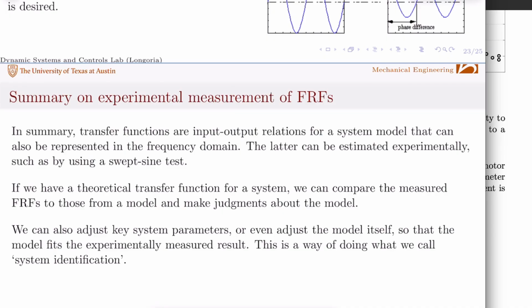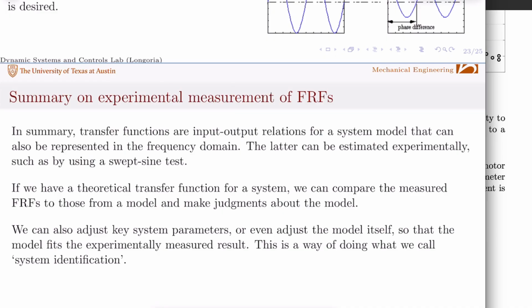If we have a theoretical transfer function, then we can compare the measured one to the theoretical, and we can make judgments about the model. We can identify parameters. We can adjust key parameters and look at that influence, measure it, and make sure it did what we expected it to do, and so on. So sometimes, again, we don't have some parameters and we're trying to estimate them from the frequency response function. That's something that we'll do in the lab.